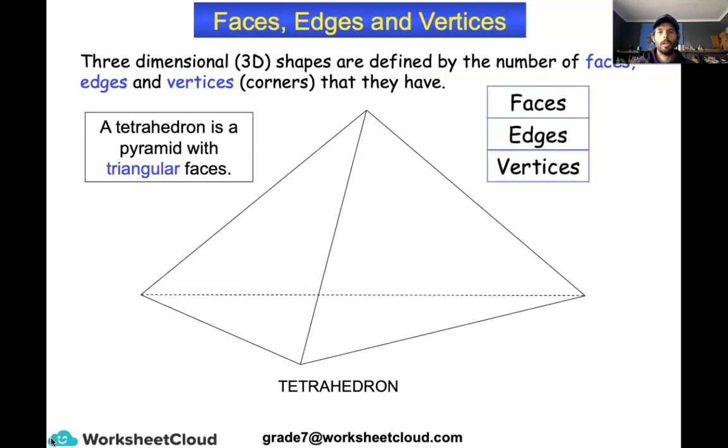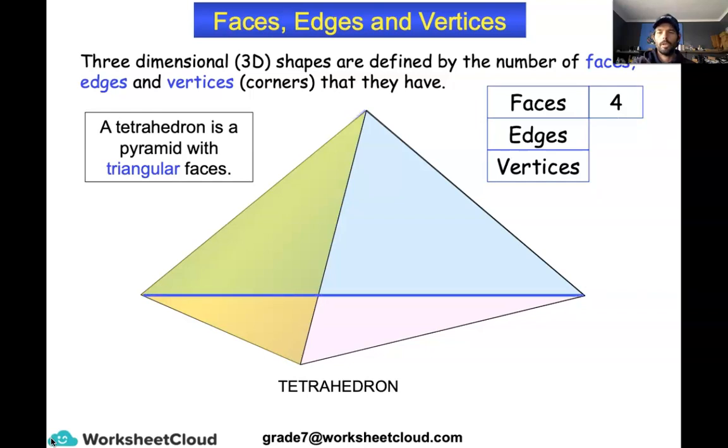So you'll notice that all the faces are triangular in shape. So there is one face at the bottom. There is another face right at the back. Then you've got the two faces which are facing you on the screen. So altogether they have 4 faces.